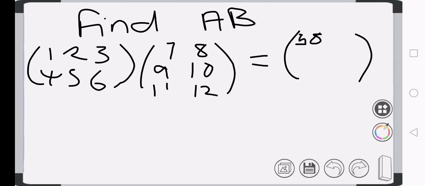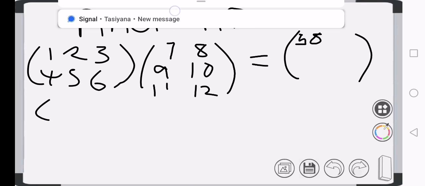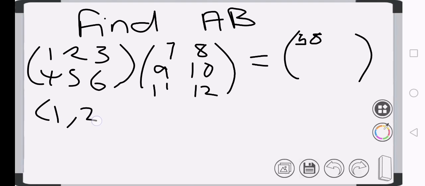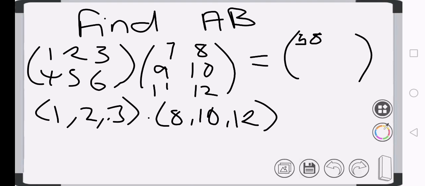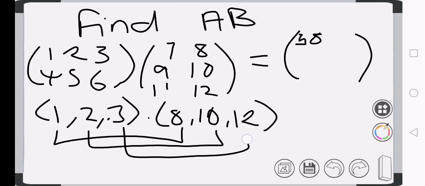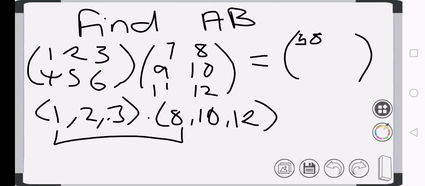Again, we'll do the same. We'll go with this row by this column. So it will be 1, 2, 3 multiplied by 8, 10, 12. So the same process. 1 by 8, 2 by 10, 3 by 12, and then you add the solutions.